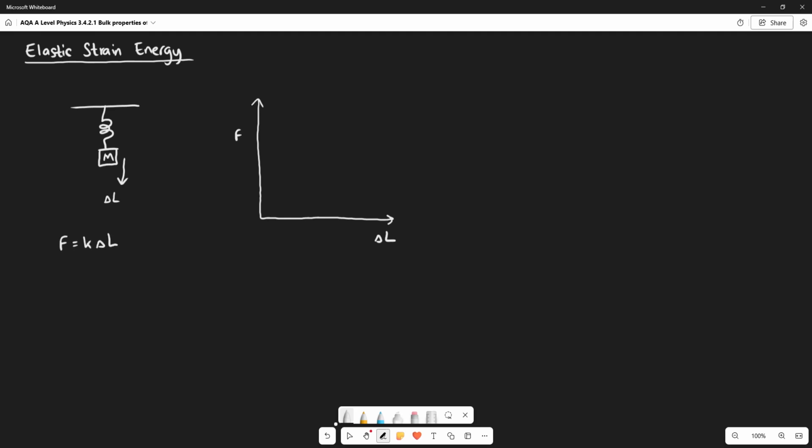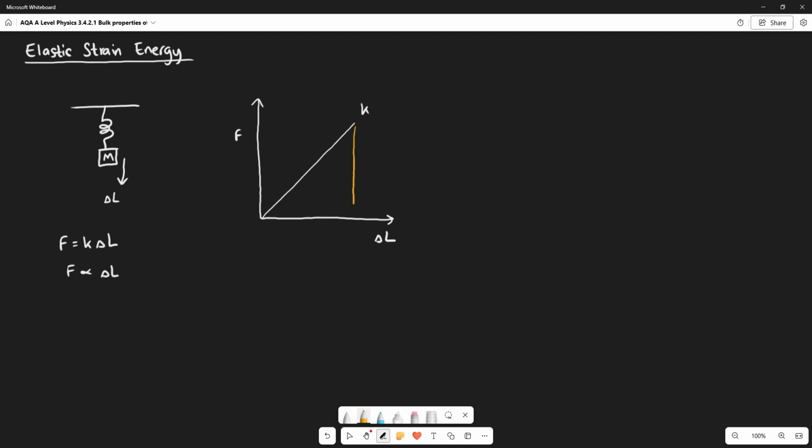Hooke's law tells us that force is proportional to extension, and that the constant of proportionality is the spring constant. Our graph is directly proportional. It is a straight line graph that goes through the origin, and the gradient is the spring constant.